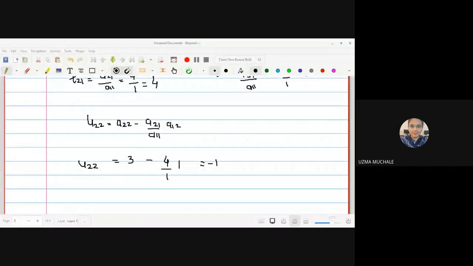Next, U23 is A23 minus A21 divided by A11, A13.